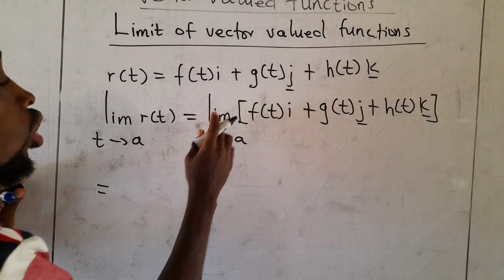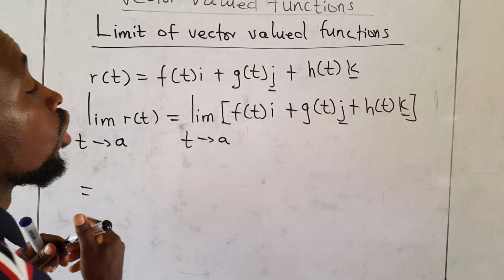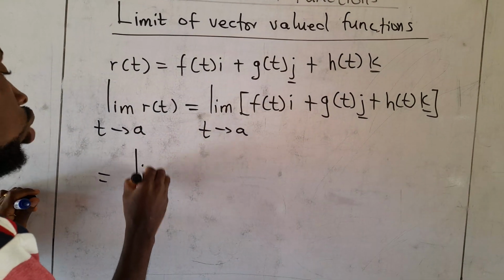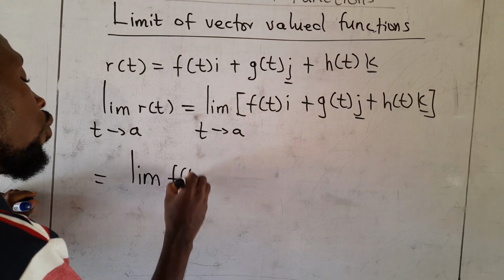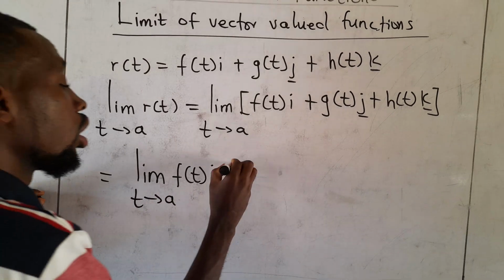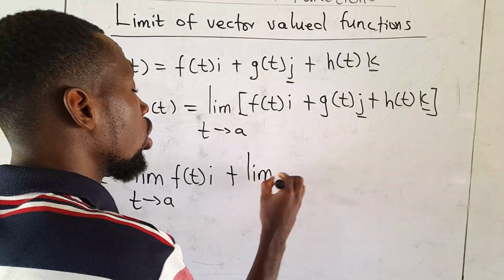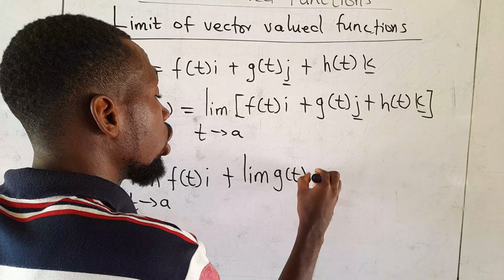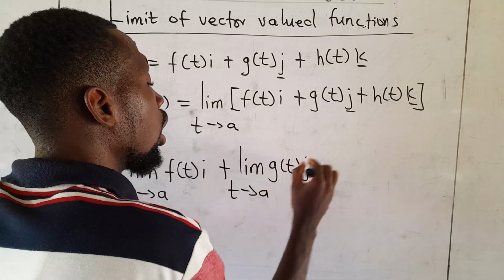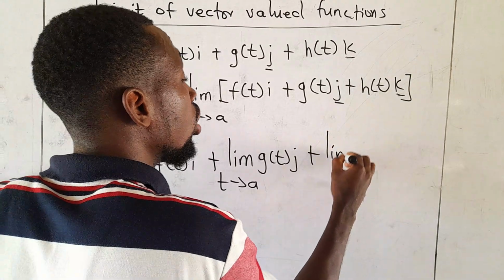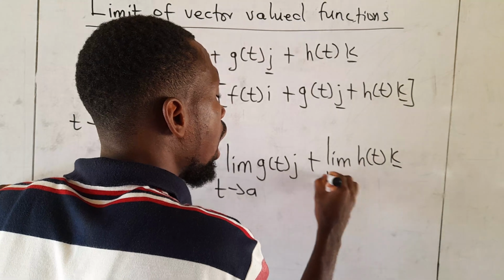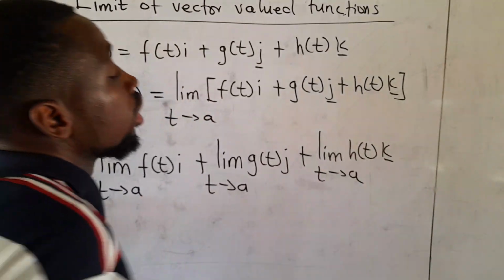This can be expanded. Now we find the limit of each function one by one. That will be equal to the limit of f of t as t approaches a, plus the limit of g of t in the direction of j as t approaches a, plus the limit of h of t in the direction of k as t approaches a.